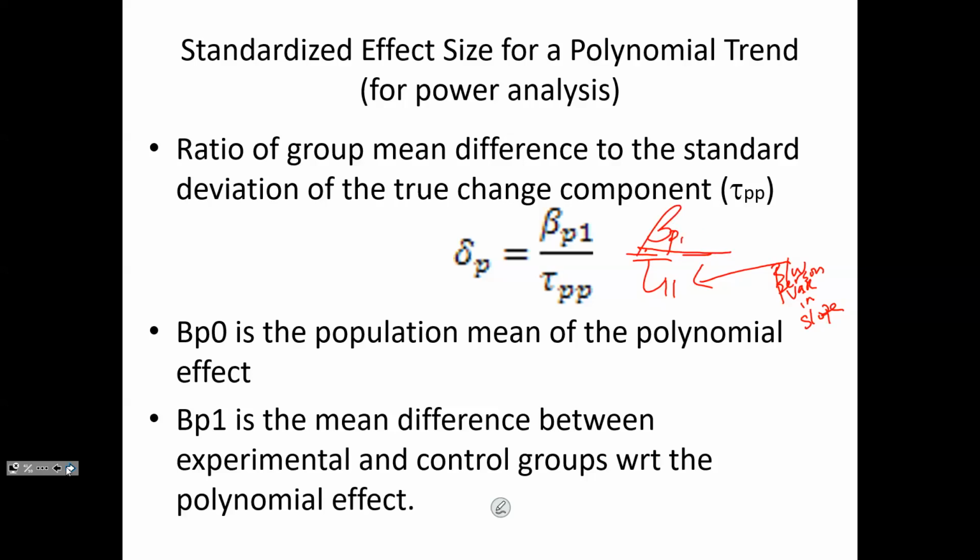I don't know what the whole model is, but this is the difference between the experimental and the control groups in terms of their growth slopes divided by the between cluster variability in their growth. It's going to make a lot more sense when I show it to you, actually.